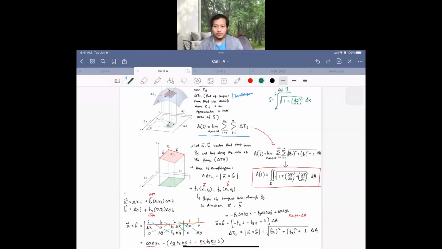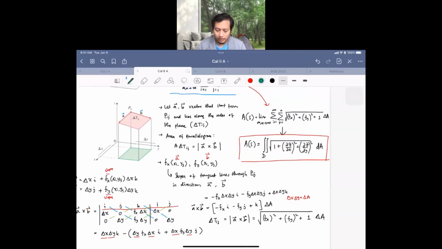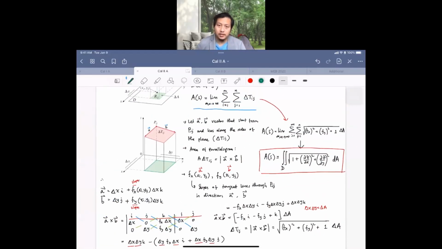Okay, any questions? If you want to just focus on the finalized equation, which is this one, that's still okay. How we are going to use this equation is not really that complicated.